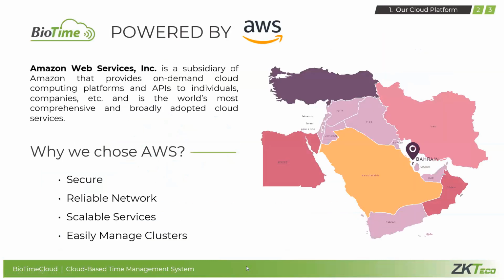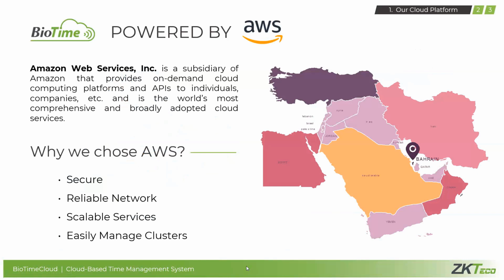Then we'll come to why we have chosen AWS here. BioTimeCloud is hosted in the AWS system. AWS is a cloud computing technology, the world's most comprehensive and broadly adopted cloud service. Why have we chosen AWS?